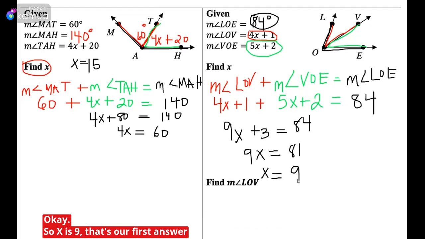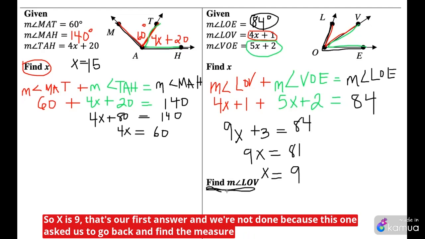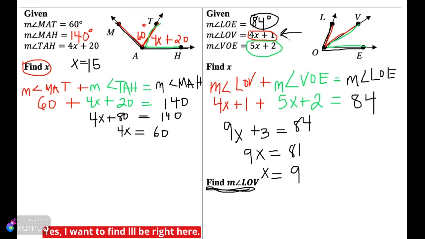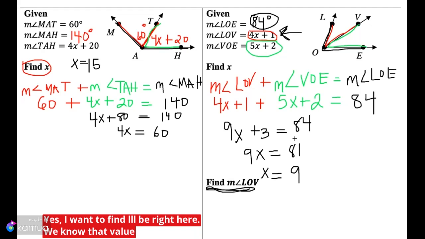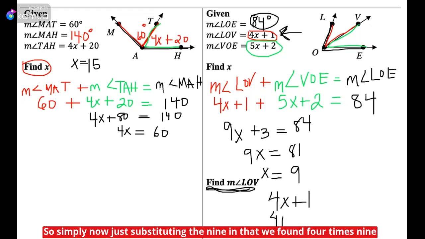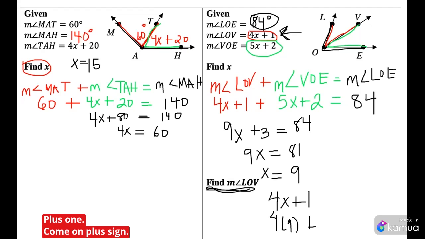That's our first answer. And we're not done because this one asks us to go back and find the measure of angle LOV. Okay, so we want to find LOV right here. We know that value is 4x plus 1. So simply now just substituting the 9 in that we found, 4 times 9 plus 1.